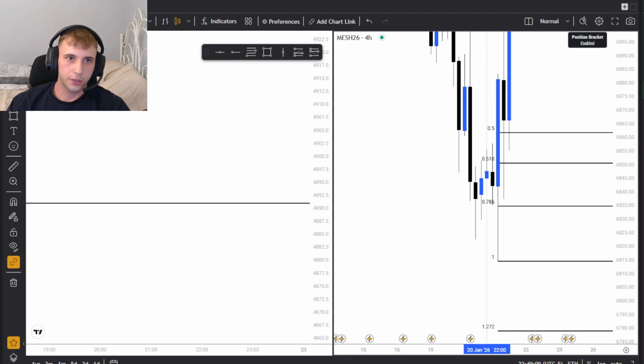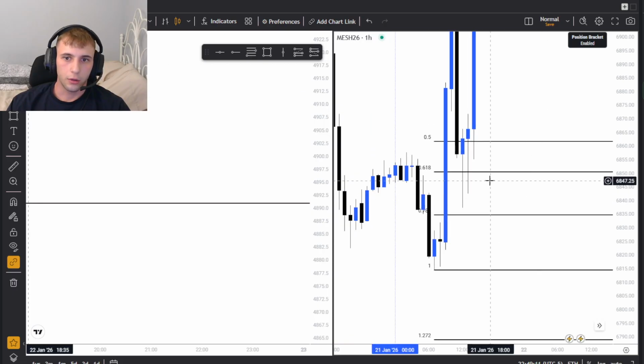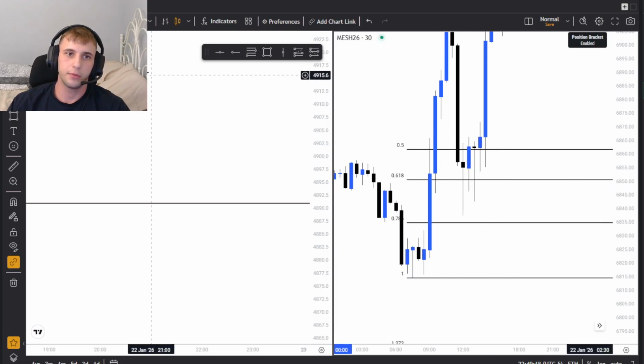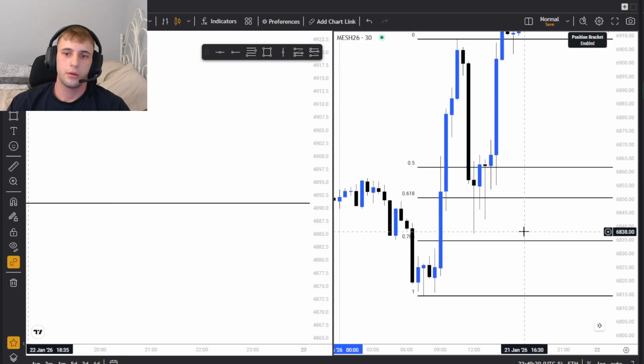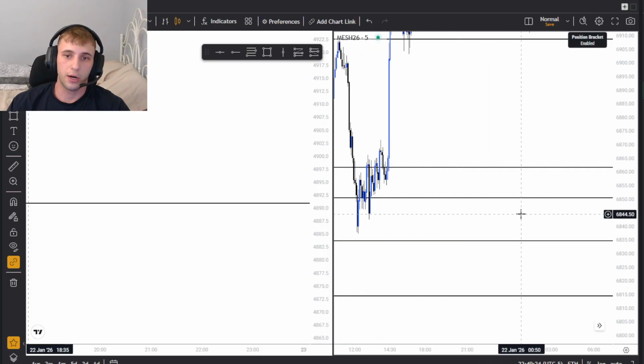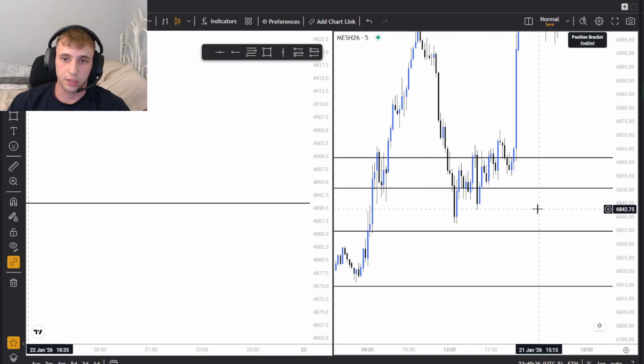So this we can use as a retracement for an entry. Again, keep in mind the time frame. This is a 4-hour retracement. What does that mean?